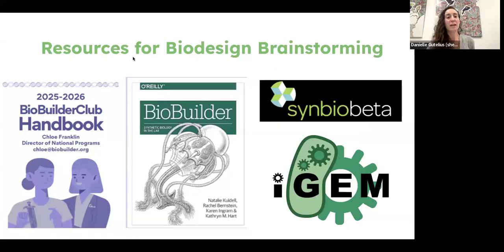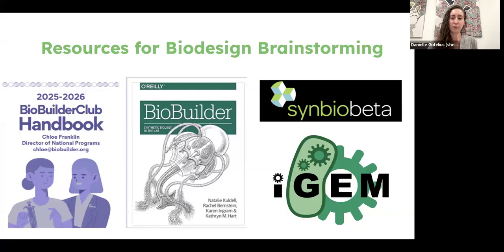In the meantime, resources that are great for brainstorming this stuff, of course, your BioBuilderClub handbook. It's going to walk you through even more examples than what I did with you tonight. Your BioBuilderClub book, that's a fantastic resource as well. The first 2 chapters really hone in on what we talked about today.